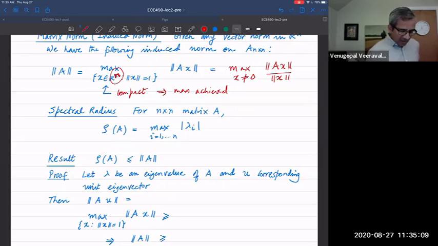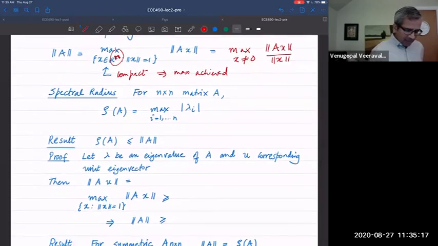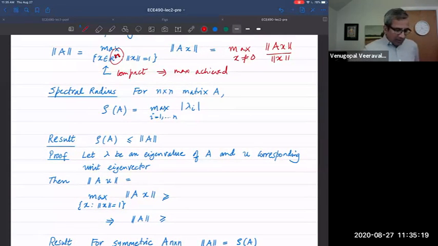Although some of the results may hold even where the matrix is not symmetric, we don't care about that. So the spectral radius of a matrix is the maximum absolute value of its eigenvalues, the maximum of the magnitude of the eigenvalue.